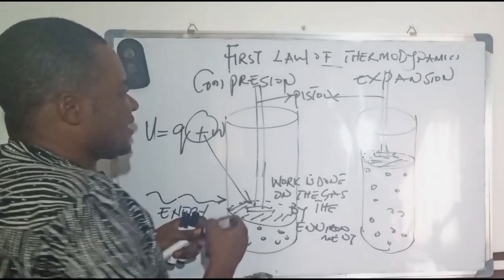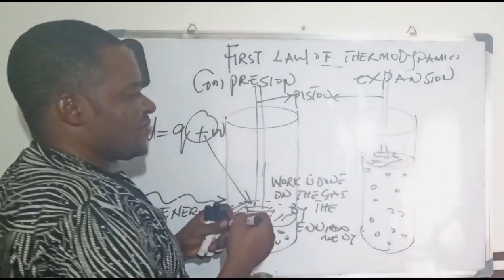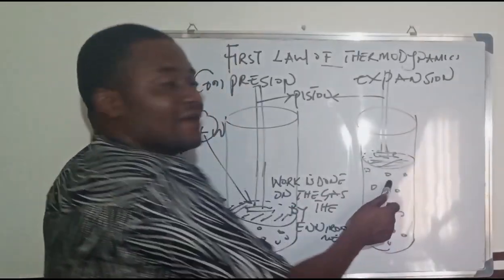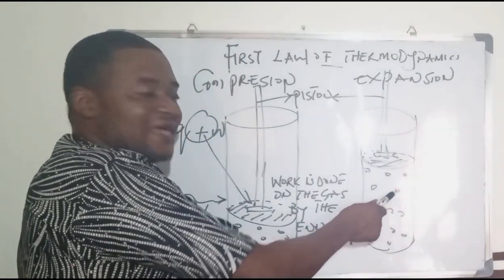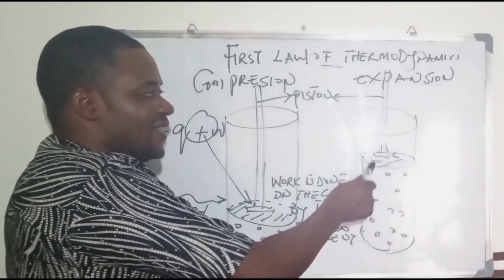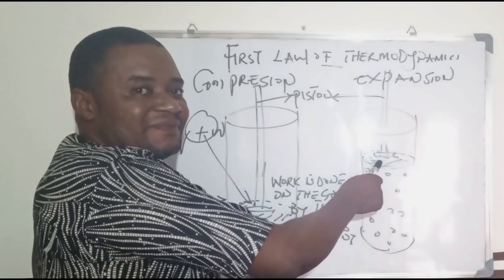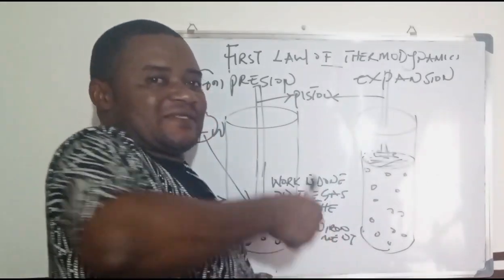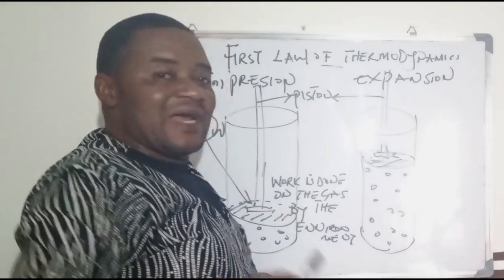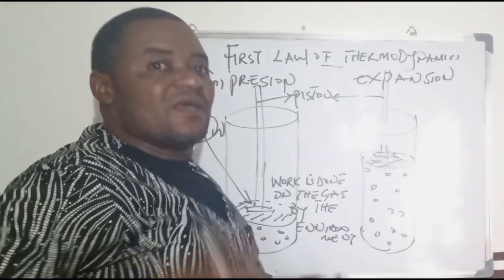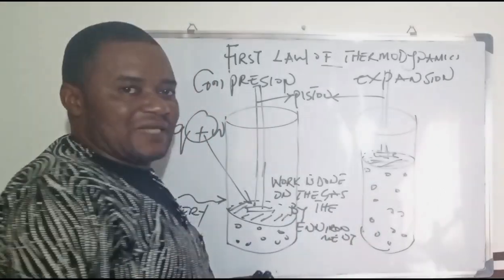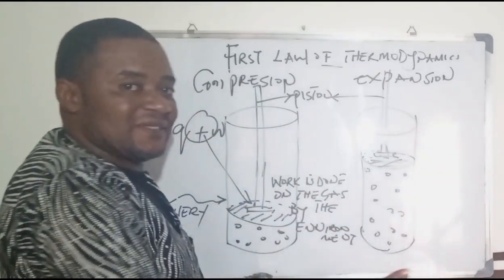But if you take a look at what you have here, you will see that there is negative pressure and positive volume. That is to say, there is an expansion here. As you pull out the piston, pressure is reduced, negative pressure, and volume is what? Increased. In that case, heat is rather leaving this particular system to what? The environment.